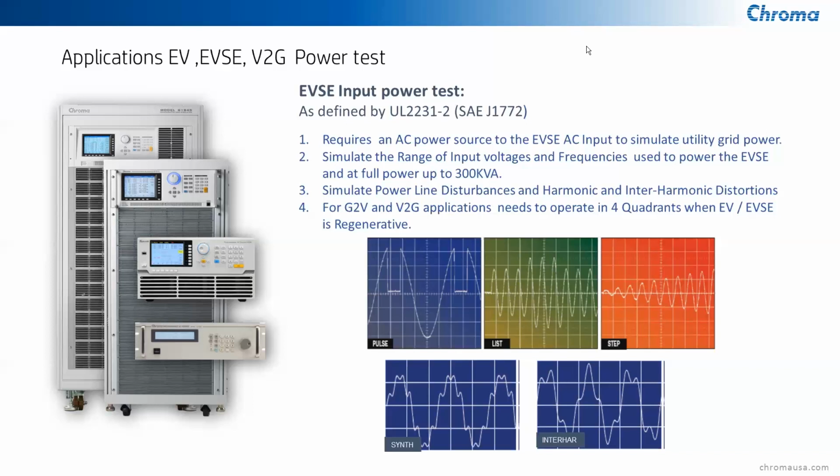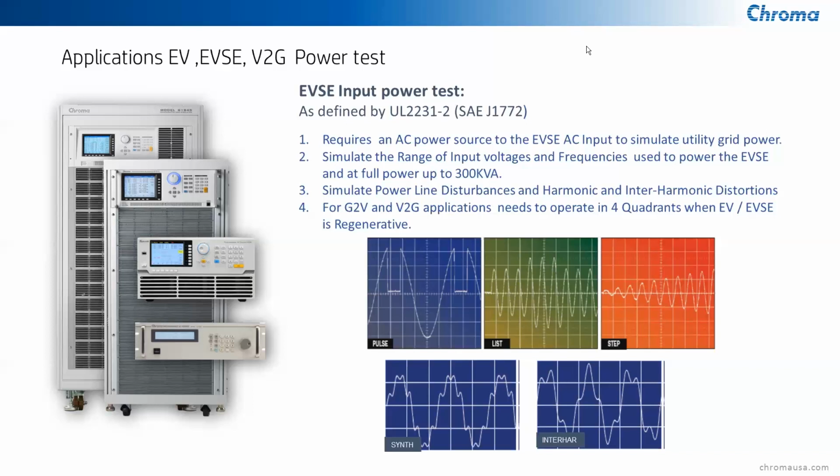We can also produce things like power line disturbances, which we already spoke about, and interharmonic distortions, to see how the unit responds. Most recently, in the last year or two, we started to see more and more applications where they're adding what they refer to as V2G, vehicle to grid applications.